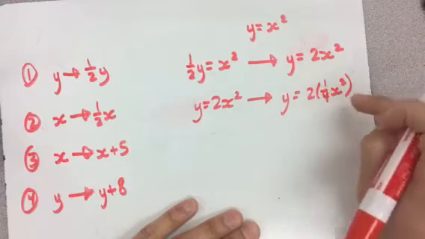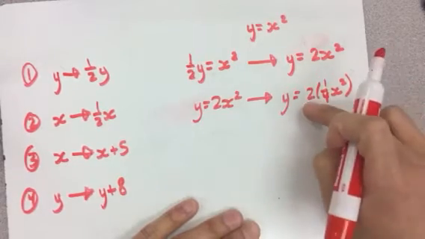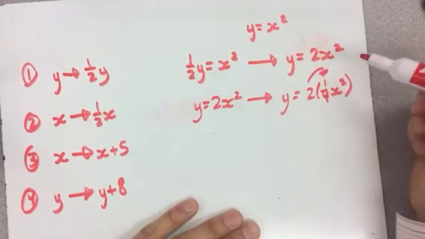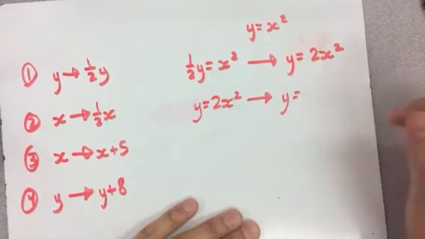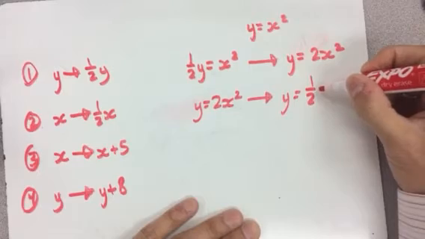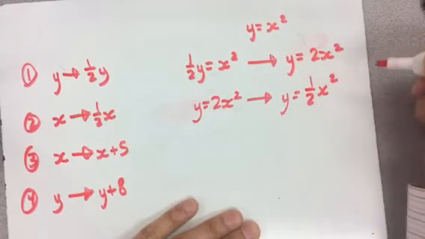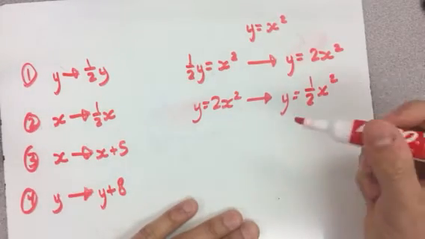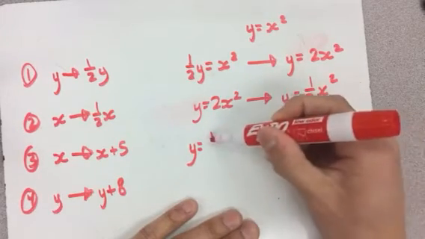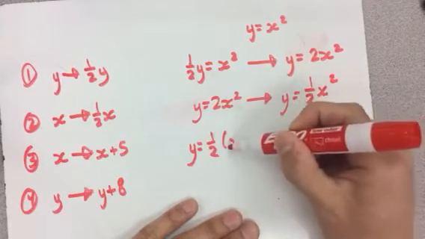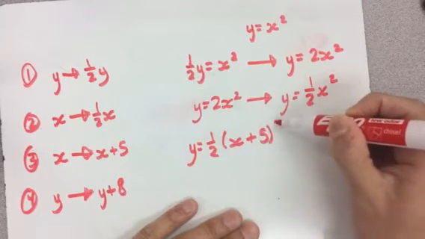And if I distribute my 2 in, that's going to give me 1/2 x squared. So after applying that transformation, I have 1/2 x squared, which I'm starting my next transformation from. So y is equal to 1/2 (x plus 5) squared.